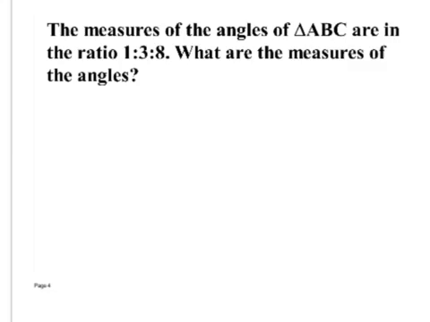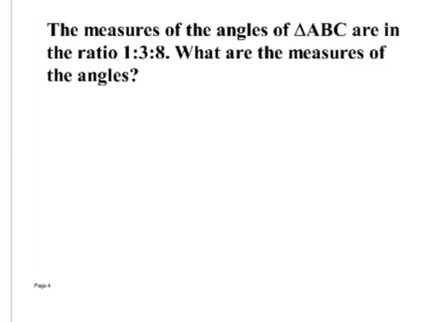The measures of the angles of triangle ABC are in the ratio 1 to 3 to 8. Meaning for 1 degree of angle A, angle B is 3 degrees, and for every 1 degree of angle A, angle C is 8 degrees.